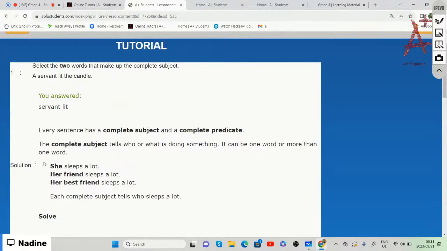And the complete subject tells us who or what is doing something. And it can be one word or more than one word.